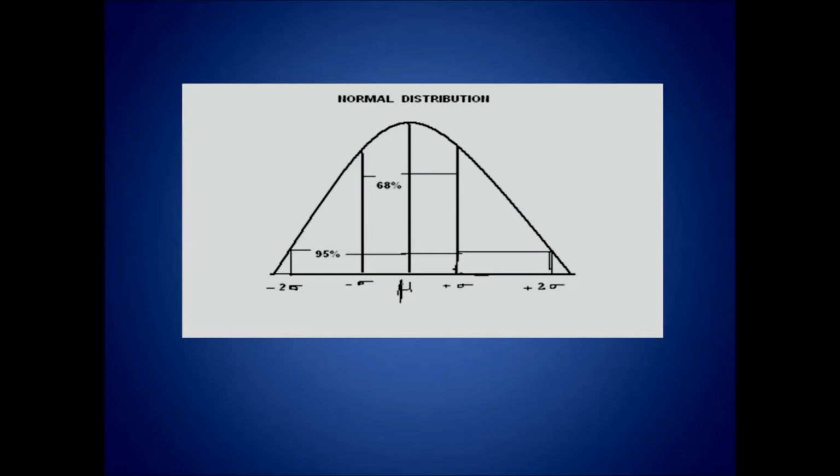Here we can confirm the population: within plus or minus one standard deviation, the total population around the mean should be 68%. Almost all, 95% of the population, should come within plus or minus two standard deviations. 95% of the population should be attained in this form.